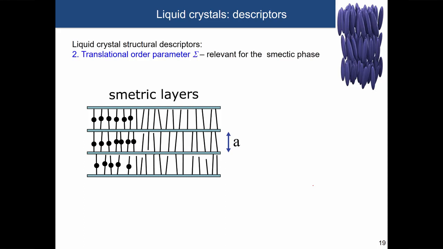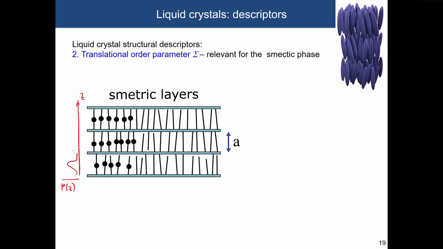The probability that you will find a molecule would be centered around the center of mass within this layer. There is high probability that I will find a molecule here, and then it drops down very quickly. And then it's again a layered periodic function. So this periodic function then goes like this, right? And it's layered. In this particular case, we can define yet another descriptor, which is called the translational order parameter.